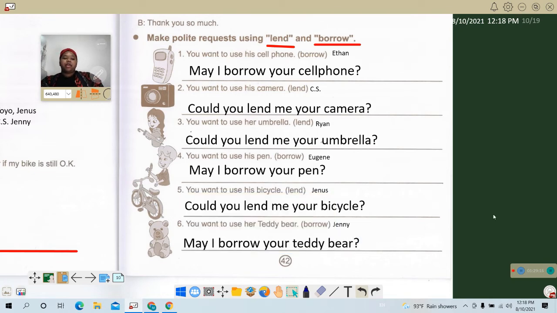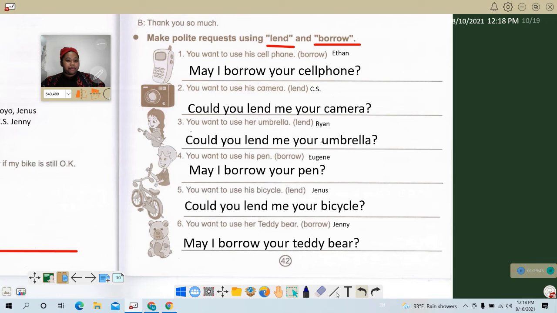Okay, there you go. So, everybody, let's read the questions. May I? 1, 2, 3, go. Number 1, may I? Turn on your microphones. 1, 2, 3, go. May I borrow your cell phone? Number 2. Could you lend me your camera?